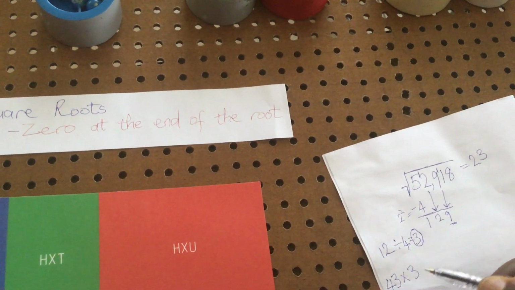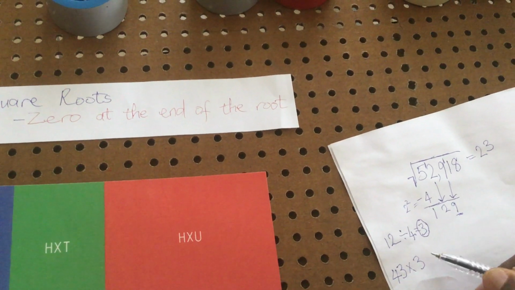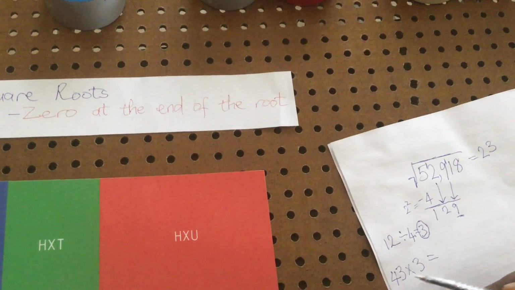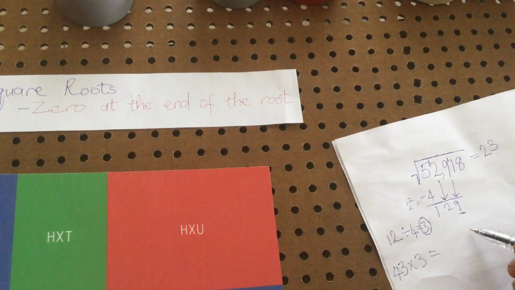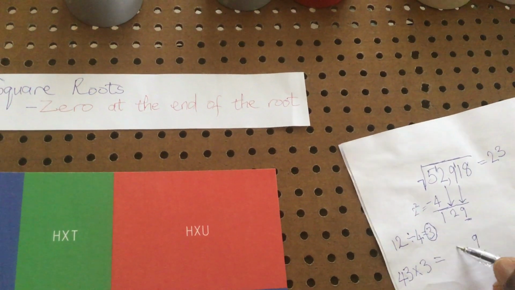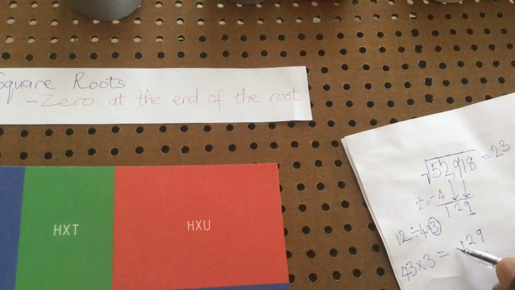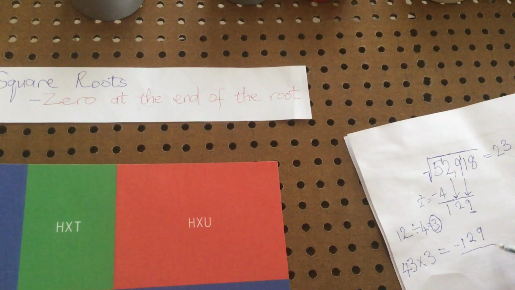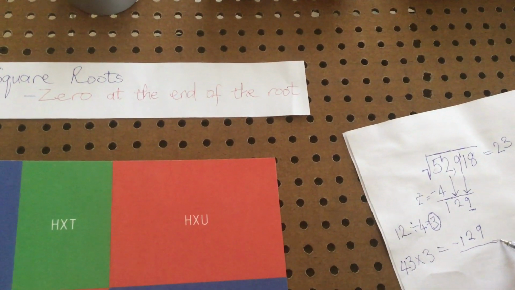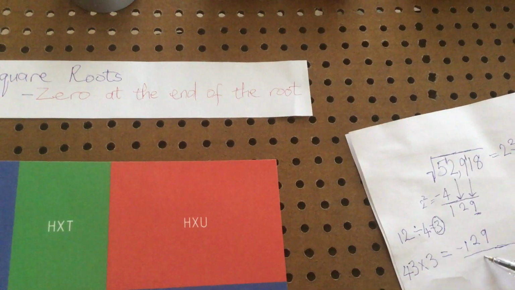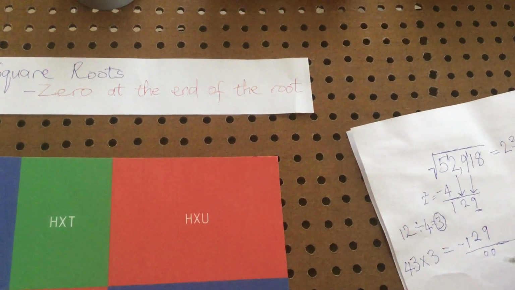That is 43 times 3. And if you do that multiplication, 3 times 3 is 9, 3 times 4 is 12. And we see that we don't have any left. So it's 0, 0, 0. We don't have any left.